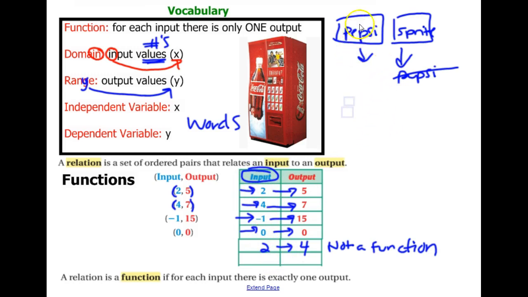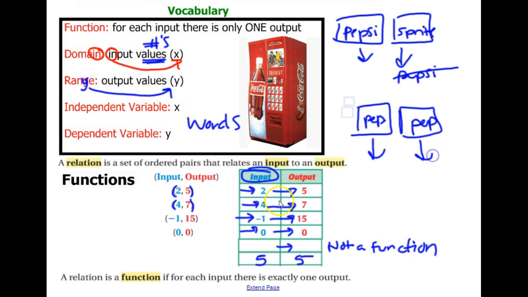Okay, because what we're plugging in, Pepsi and Sprite, we get two different things out. But if they're the same, if we have two different buttons that say Pepsi, for example, maybe 2 and let's say 5, they're different buttons, 2 and 5 here.